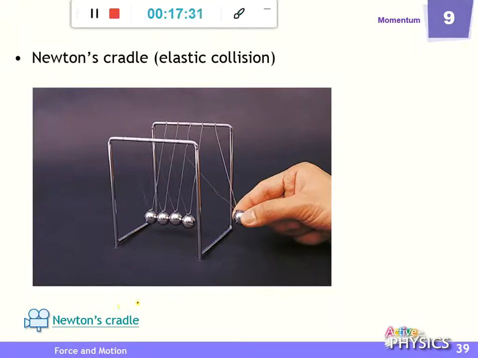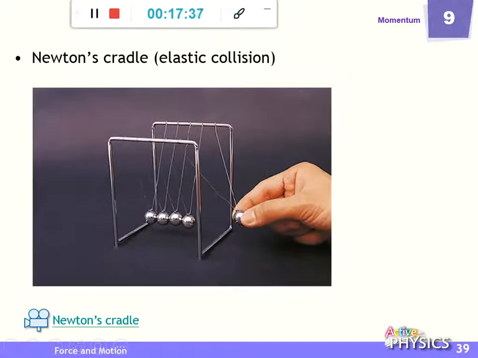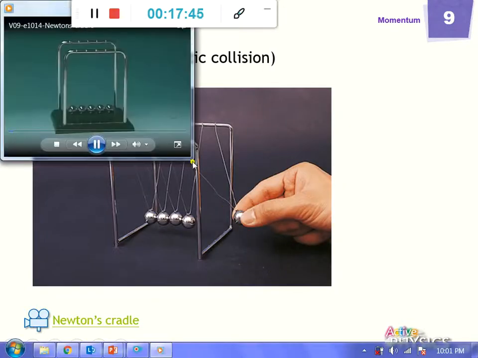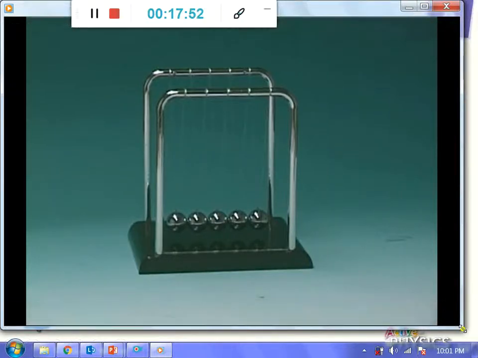Okay, this one is the application. You can try to watch the video. This one is a Newton's cradle. I think some of you have watched it before. We can use it to demonstrate the conservation of momentum.